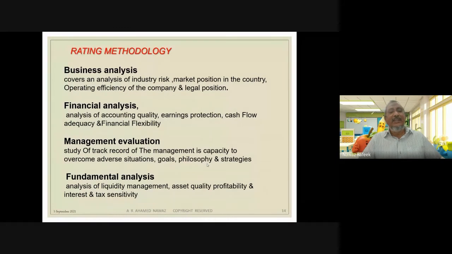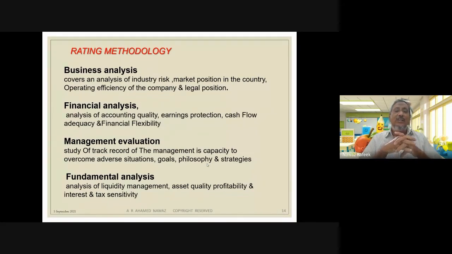The fundamental analysis we call liquidity management, asset quality, profitability, interest and tax sensitivity. Liquidity management: how best is liquidity managed? This is not only assets and liabilities, current assets and current liabilities, but even the cash flow.